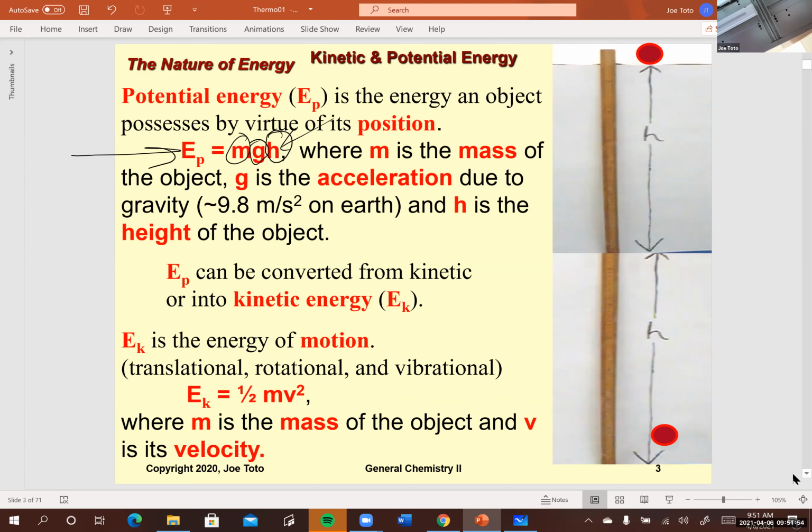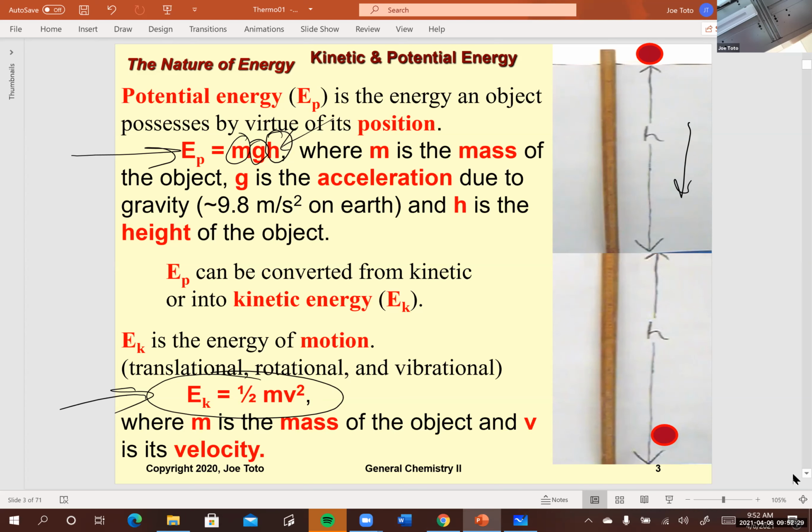And so you can calculate the potential energy that that ball has. Now, if I let the ball go and it starts dropping, then that potential energy decreases because the height decreases, and the energy gets transferred into what's called kinetic energy, or the energy of motion. And the energy of motion equation is down here, and that's found equal to 1/2 the mass of the object times its velocity squared.